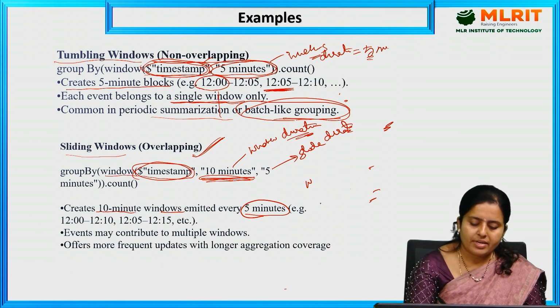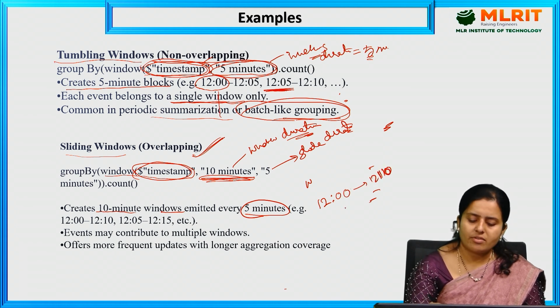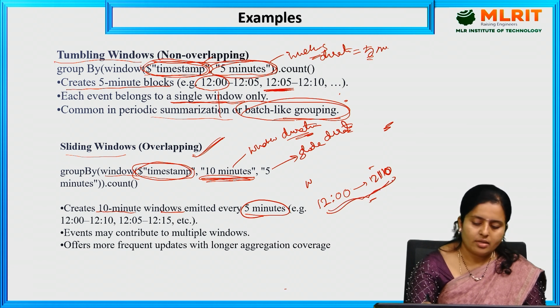If we calculate with numbers, if my event started at 12 o'clock, it runs for 10 minutes, from 12 to 12:10.